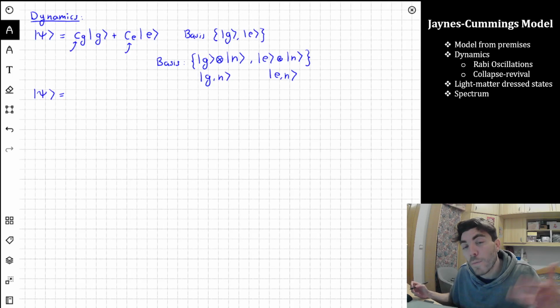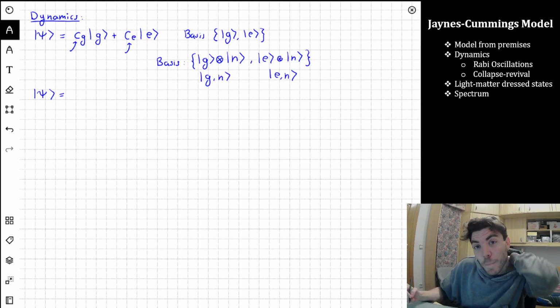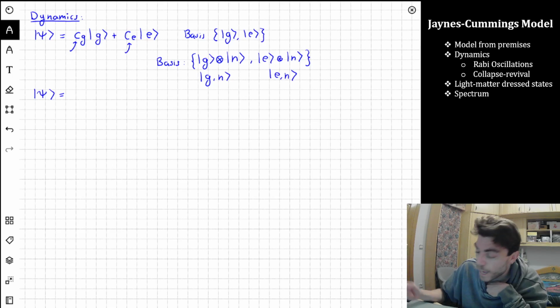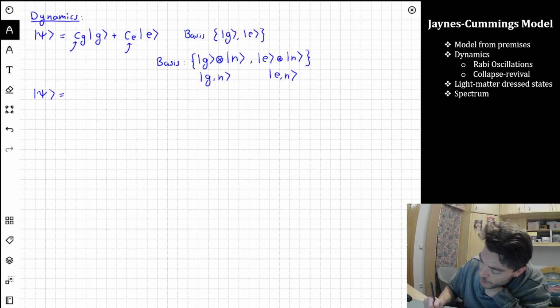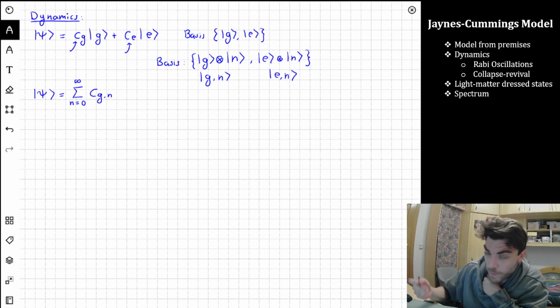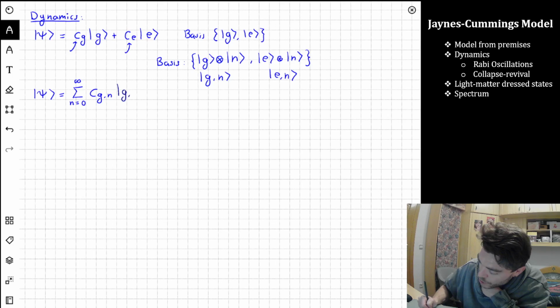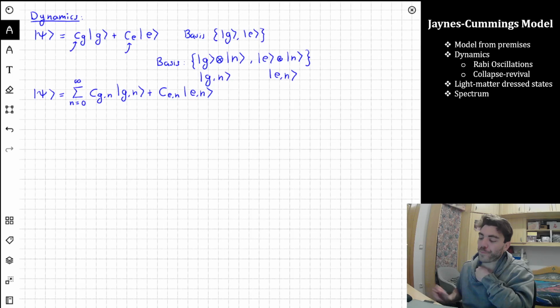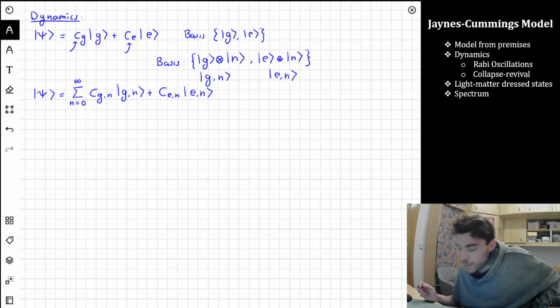But now we have an infinite number of states in the eigenbasis, because there is an infinite number of Fock states, because n can be as large as you want. So this means that we write this as the sum over the number of photons n, with a coefficient C_g,n specifying the n, times |g,n>, plus the same with a coefficient C_e,n times |e,n>. Okay, so this we can do.